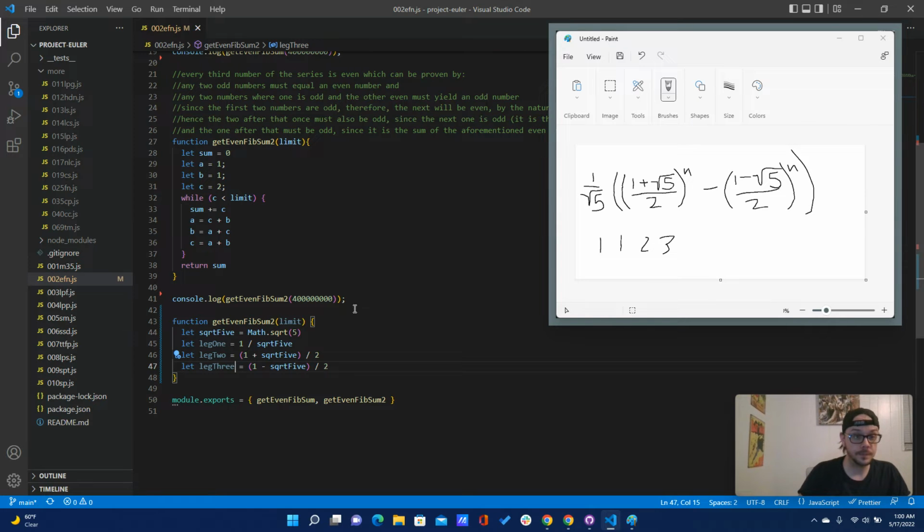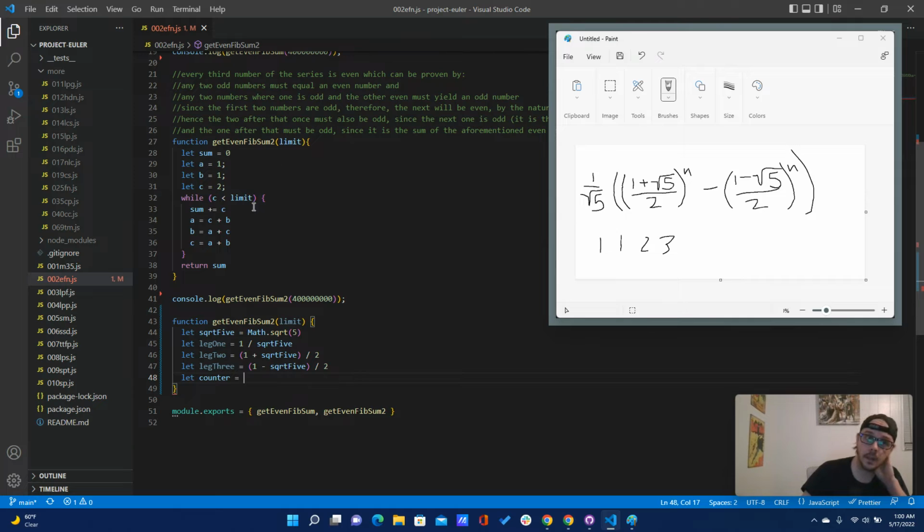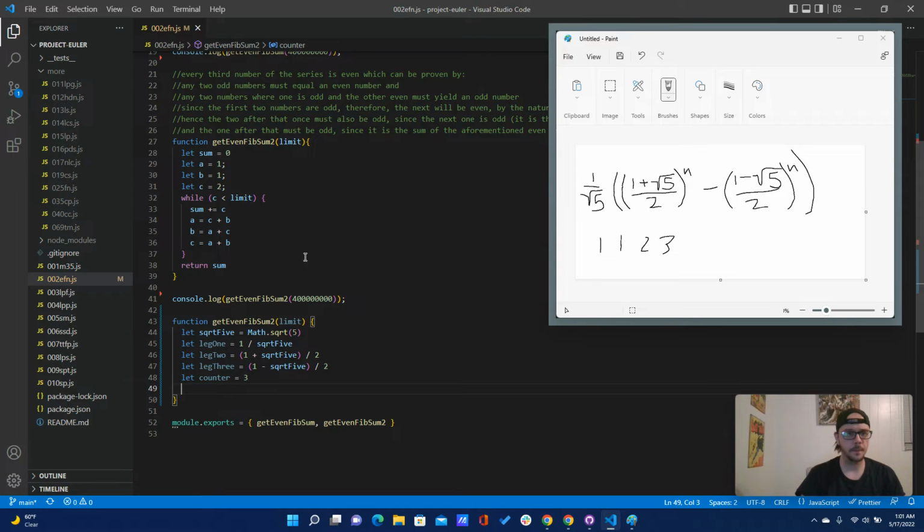Okay, we've got our constants. Let counter equal, we learned from the last time that we did this that every third instance of the Fibonacci sequence is even. So we're going to start at 3 and we're going to iterate by 3. So we'll start at counter 3.